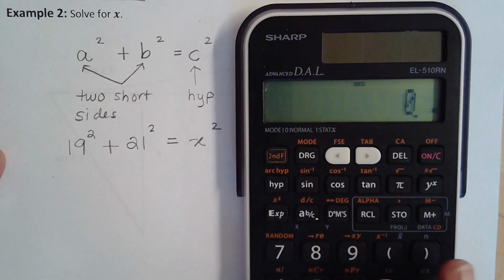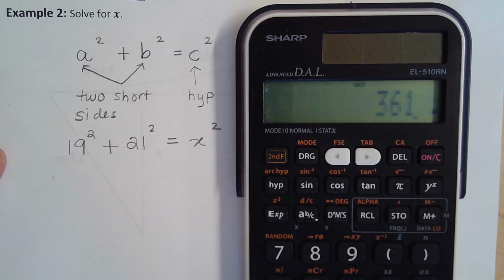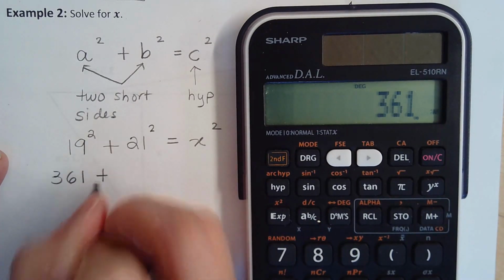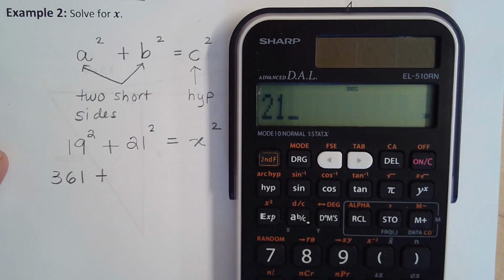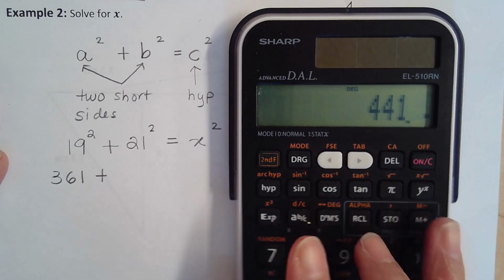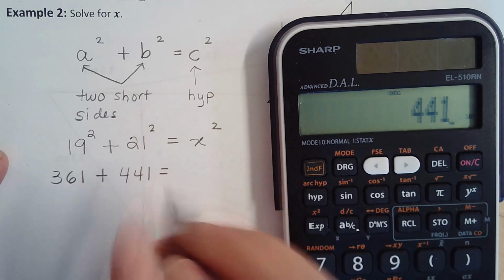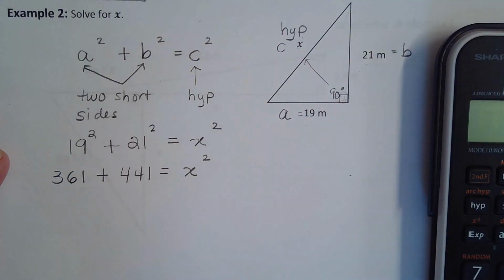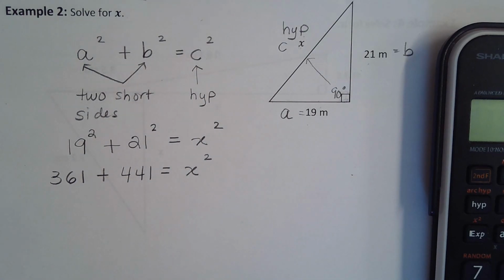I'm gonna try to do that on a calculator. 19 to the exponent 2 gives me 361, plus 21 squared, so 21 exponent 2 is 441, equals x squared. I'm gonna wait just to make sure everyone is at this stage.